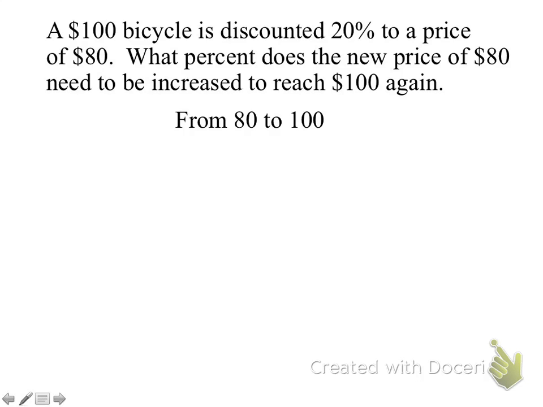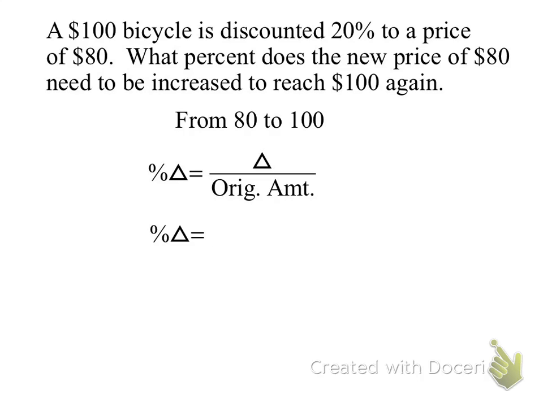This time we're going from 80 to 100, so that change is really 20 over 80. As we divide it out, we get 1/4, and it's 25%.